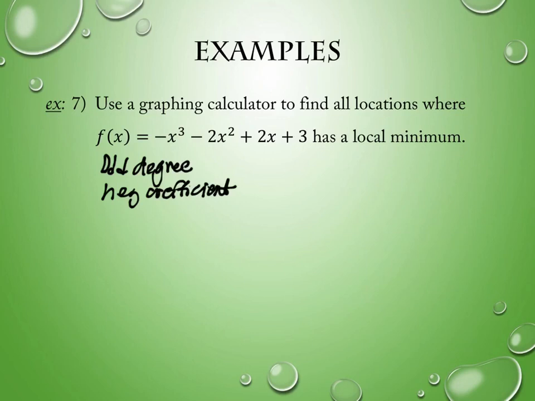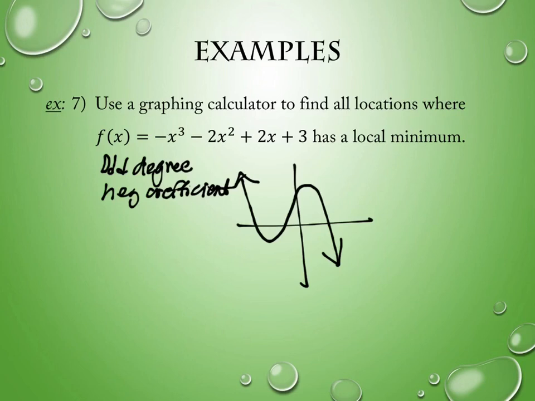If we actually had a different function, it would change some of those things potentially. So since it's odd degree and it's a negative coefficient, and we're looking for the place where the graph comes down, it looks something like this, and we are looking for that point. And you can use the lower and the upper limits to find that particular point.